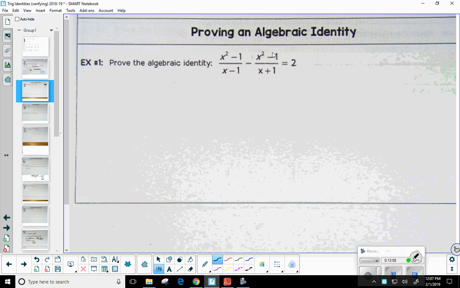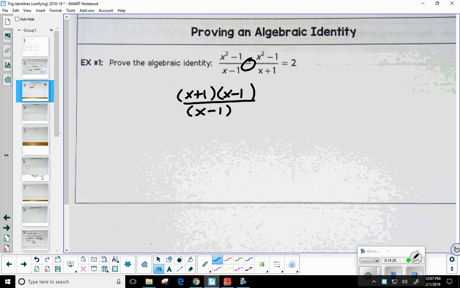Does anybody notice anything about those numerators? They're the same, but they are also some type of group. They are differences of squares. x squared minus 1. So remember, when we factor a difference of squares, we get conjugates. So this first one that has x minus 1 down below, what would the conjugates be? So x plus 1, x minus 1.